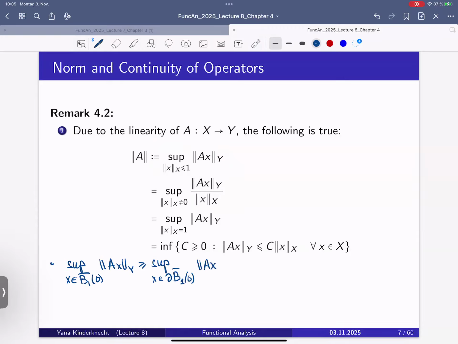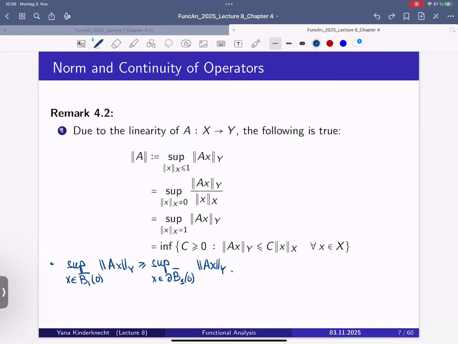Agree? So this is a bigger set than this one. That's why the supremum over a bigger set is not smaller than the supremum over its subset. This is on the one hand. On the other hand, this is so to say one direction.